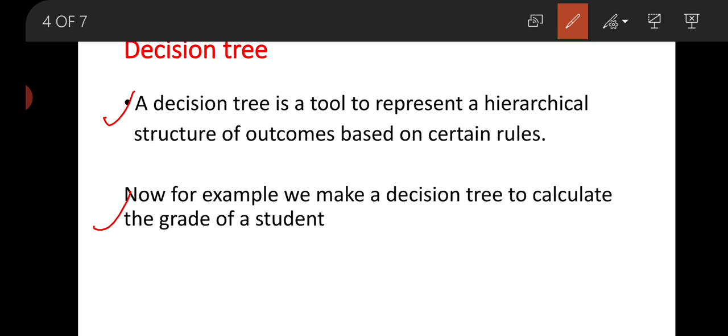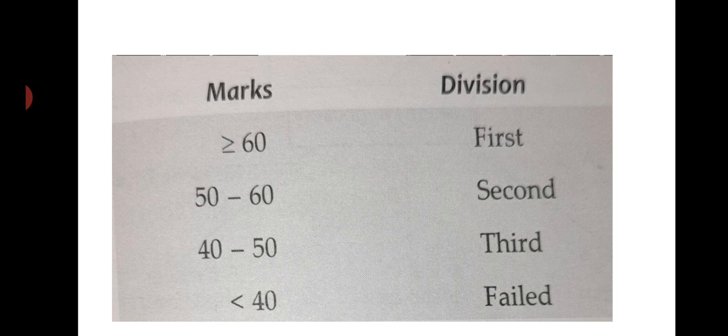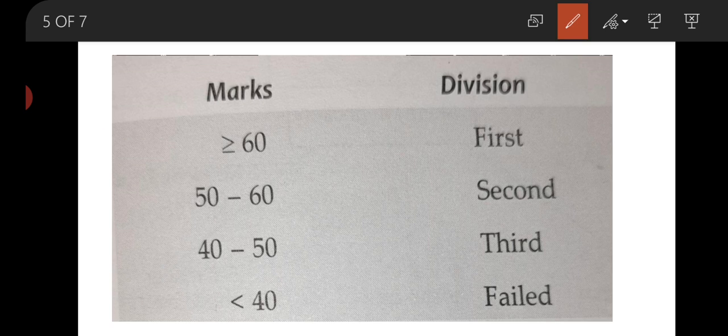Now for example, we make a decision tree to calculate the grade of a student. Suppose that a student has taken an exam and scored some marks, and we are going to calculate the grade or division of that student. If the student scores marks greater than or equal to 60, then the grade is first.